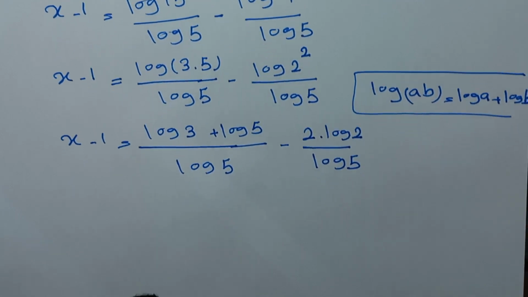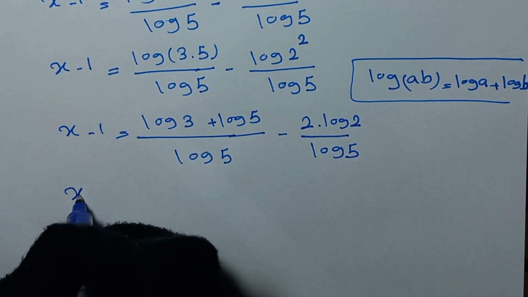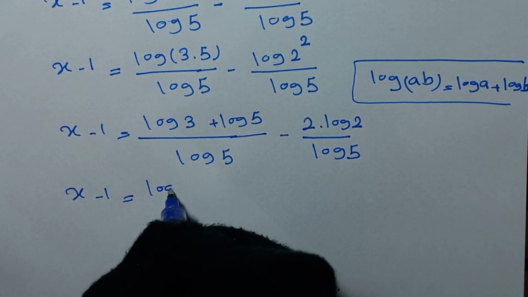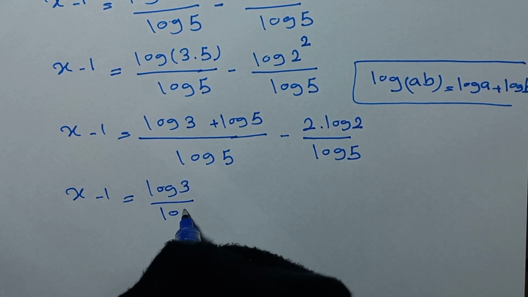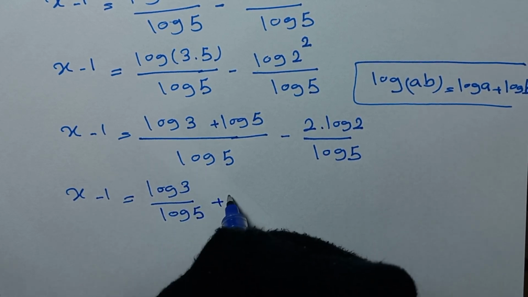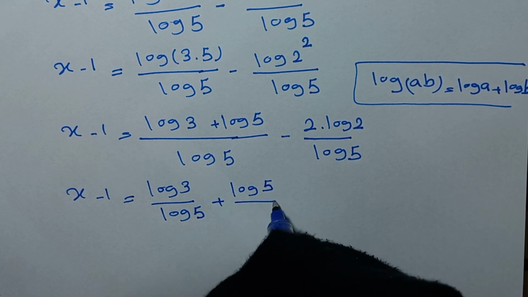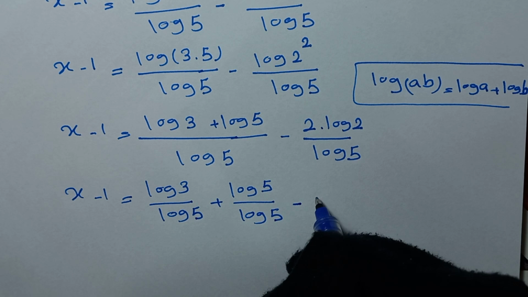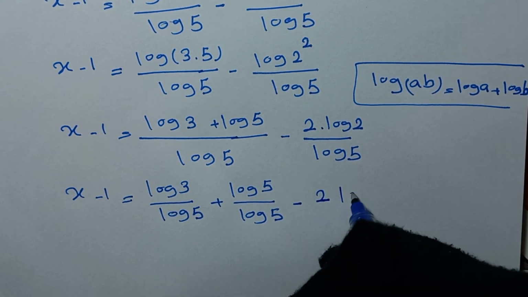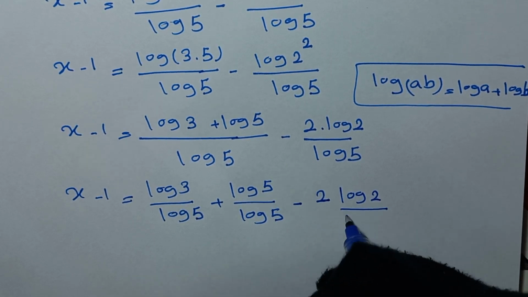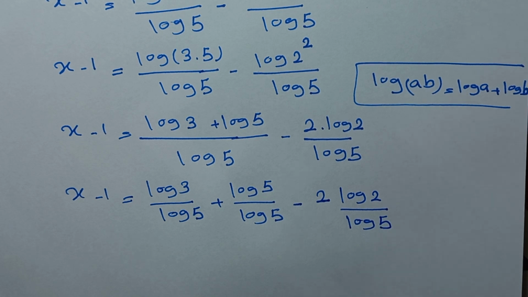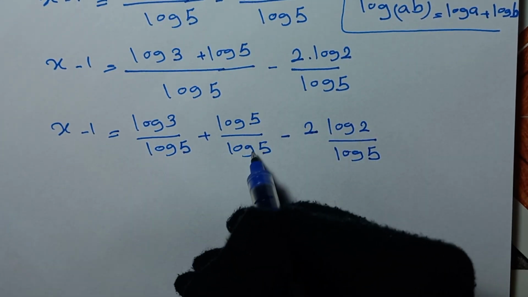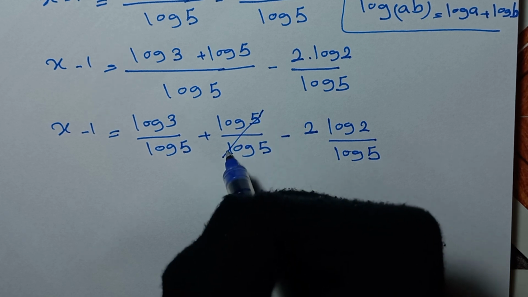In the next step, it will be x minus 1, and here we separate this fraction, and it will be log 3 over log 5 plus log 5 over log 5 minus 2 log 2 over log 5. And in the next step, log 5 over log 5 will be 1, right?